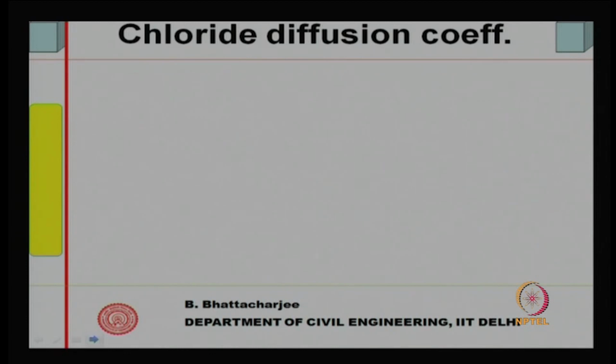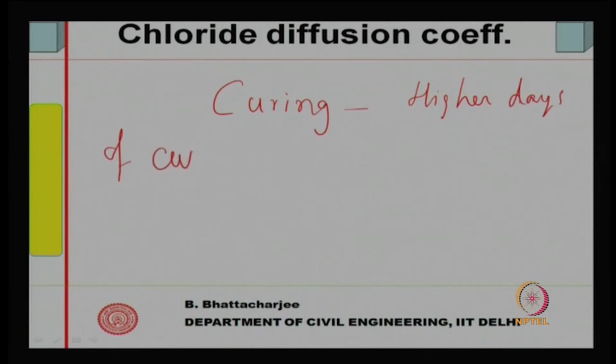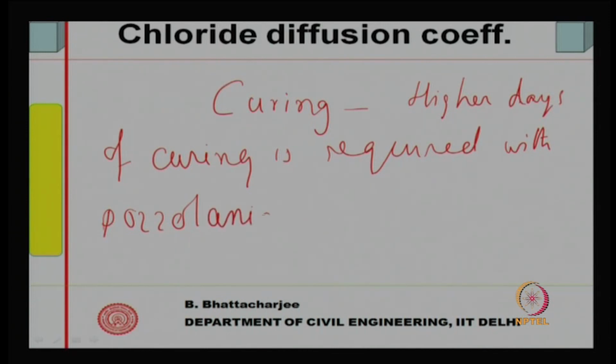Now, before we come to durability, I would just like to point out that curing is very important for mineral admixtures. You need more days of curing with pozzolanic mineral admixtures, because their reaction itself is slow and sufficient lime must be produced before the pozzolanic reaction can be realized.